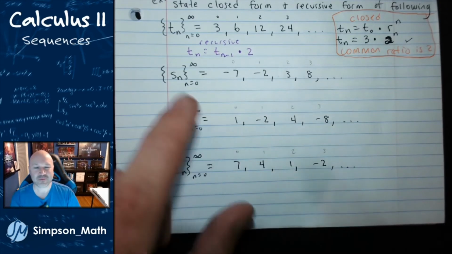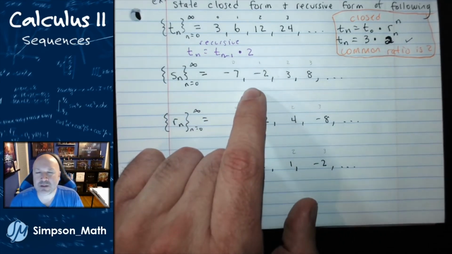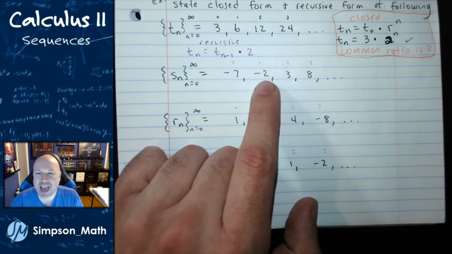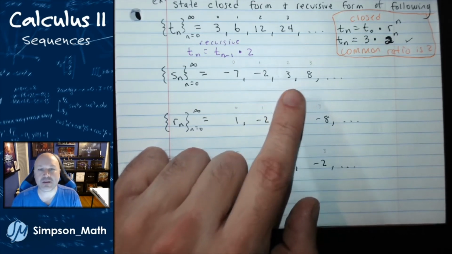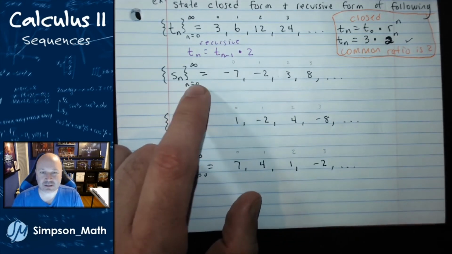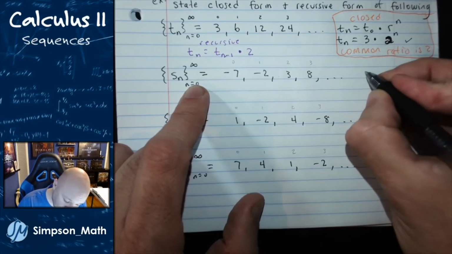Okay, let's try that again. I'm adding 5 every single time. This is arithmetic. I've changed the indices starting at 0, so I have a formula for the closed form.